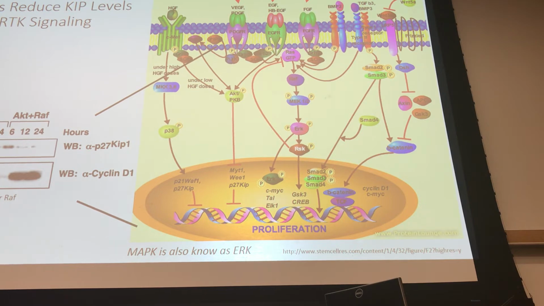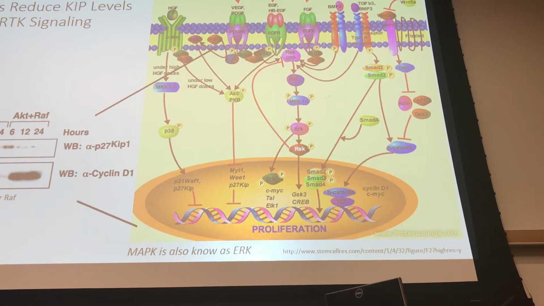And you can see here that when you overexpress these pathways, you downregulate KIP protein levels, okay? And of course, we see cyclin D go up because we know that cyclin D is induced by the mitogens. So this is again showing you that through this mitogen signaling pathway, you're downregulating those KIP proteins.